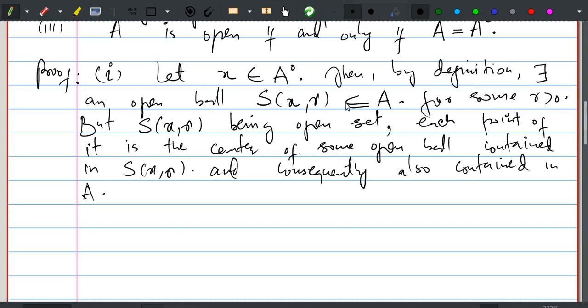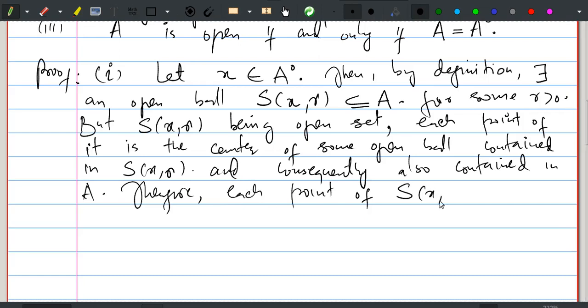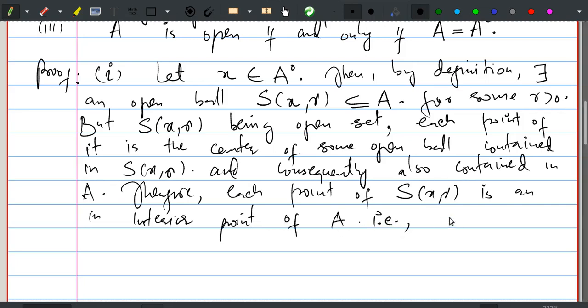Now as S(x, r) is a subset of A, any open ball which is contained in S(x, r) is consequently contained in A. Therefore each point of S(x, r) is an interior point of A. That is, S(x, r) is contained in A interior.